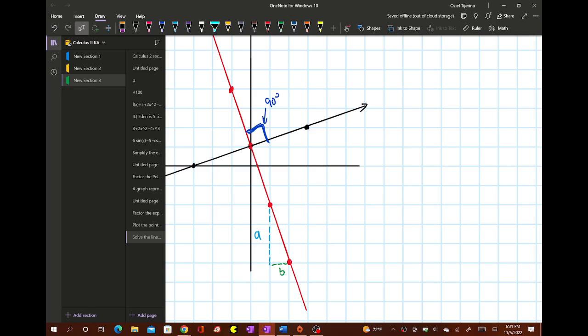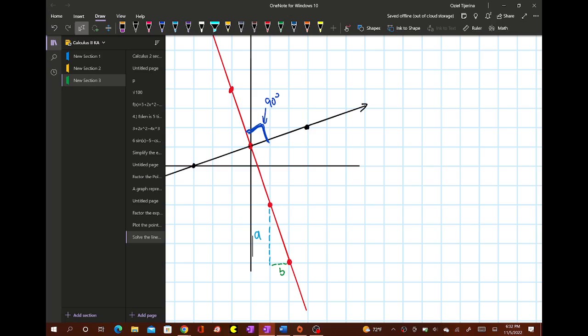In my shorts videos on my channel, I went over parallel and perpendicular lines very briefly.